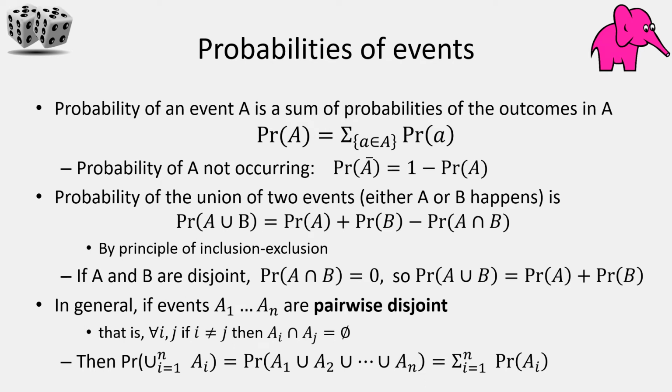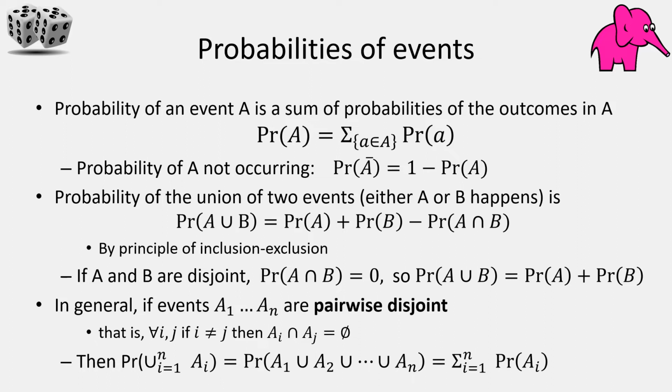So now let's redefine in a more general setting the probability of an event. Before we said the probability of an event is just the size of the event over the size of the sample space.